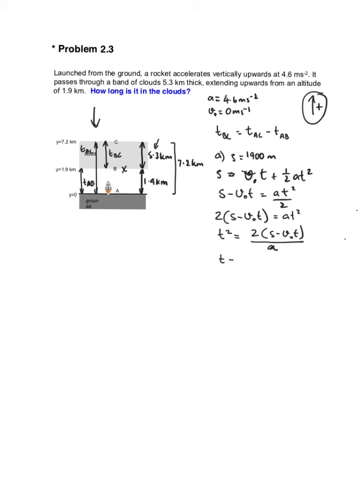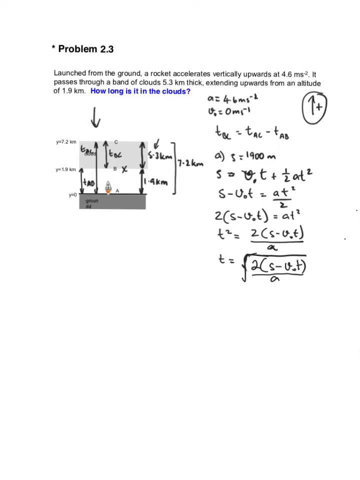So T equals the square root of 2S minus 2 V naught T over A. Sorry, that's a bit messy.